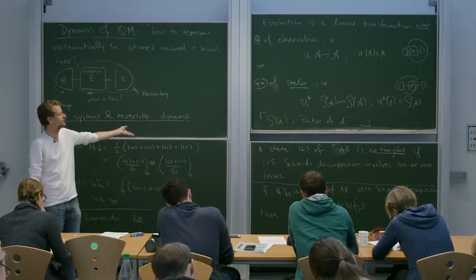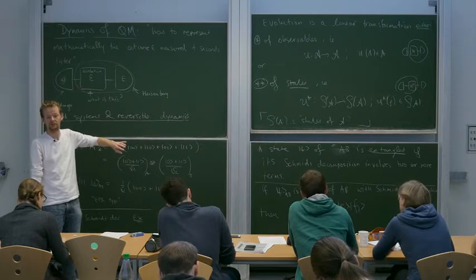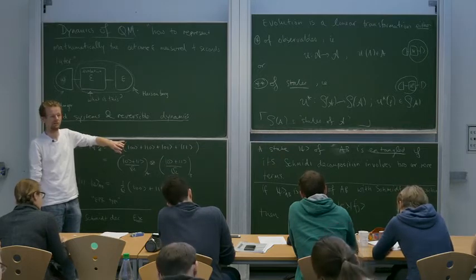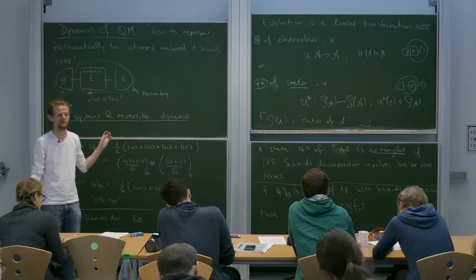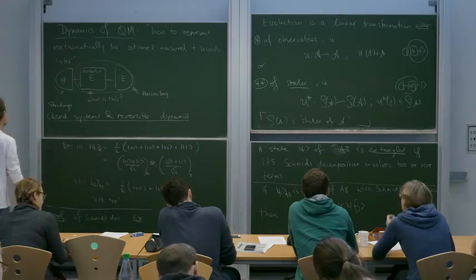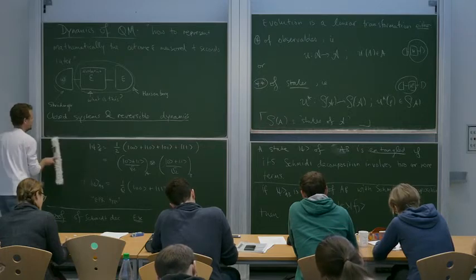You know, if you have an evolution of an observable modeled on observables, and you model the same evolution but instead do it on states, you better get the same answer for any question you ask. Otherwise, it's not the same evolution. So I have to say how these two different evolutions are identified with each other, these two different ways of doing evolution.